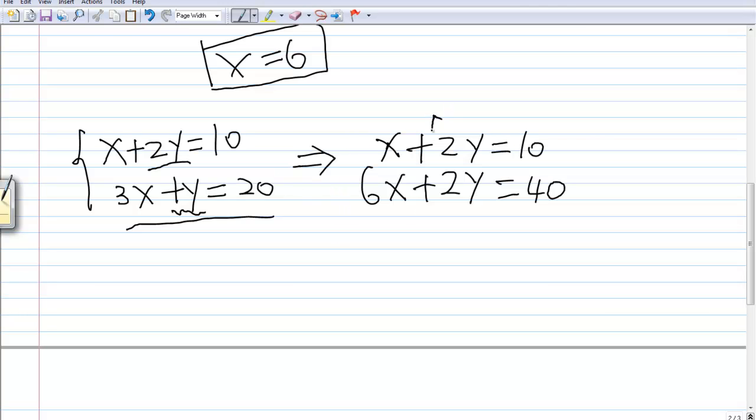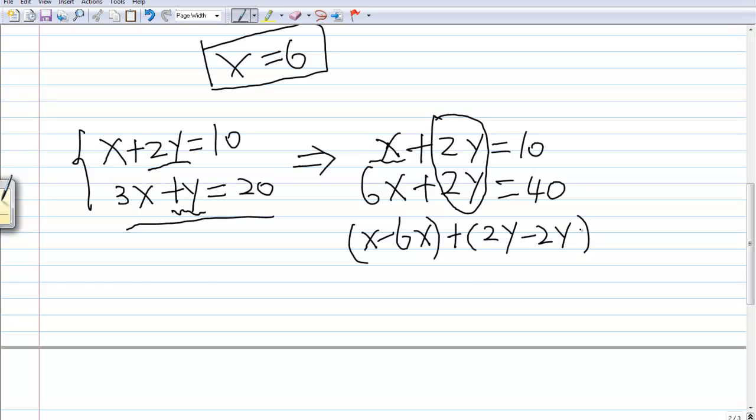Now we see we have a 2y in the first equation and the second equation, which is nice because we can use the whole first equation minus the second one. We have x minus 6x, and basically 2y minus 2y, which cancels out, and that's exactly what we want.